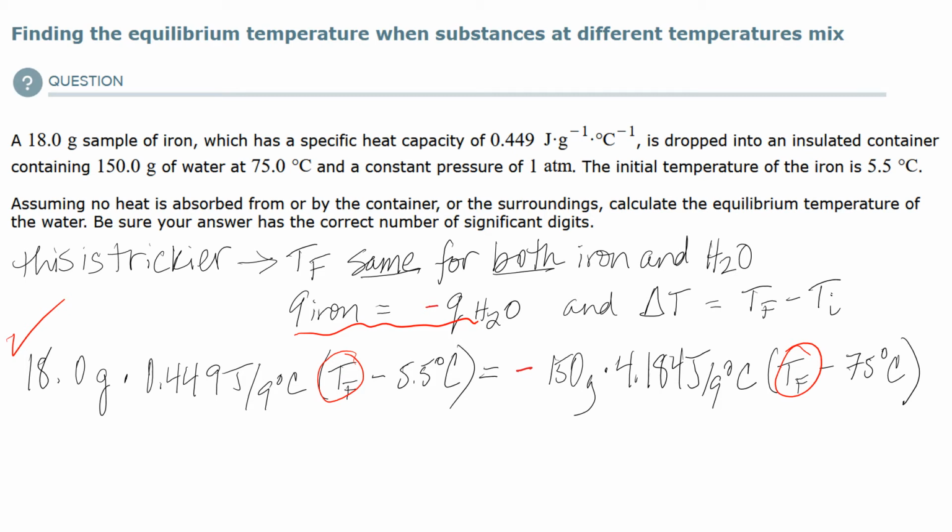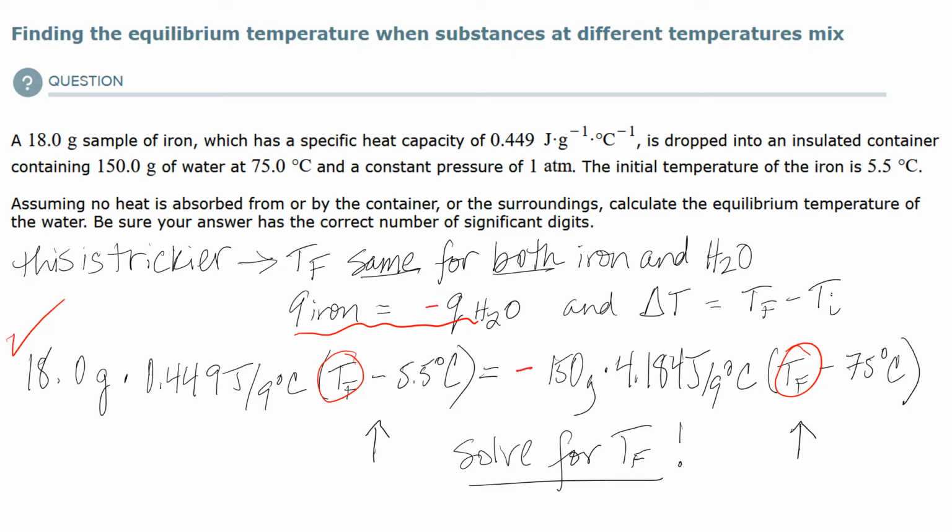So since the temperature final is the same, it's like solving for X. Granted, you have to do some fancy footwork in terms of multiplying and rearranging, but it is eminently possible to solve for TF. You just have to be a little careful.